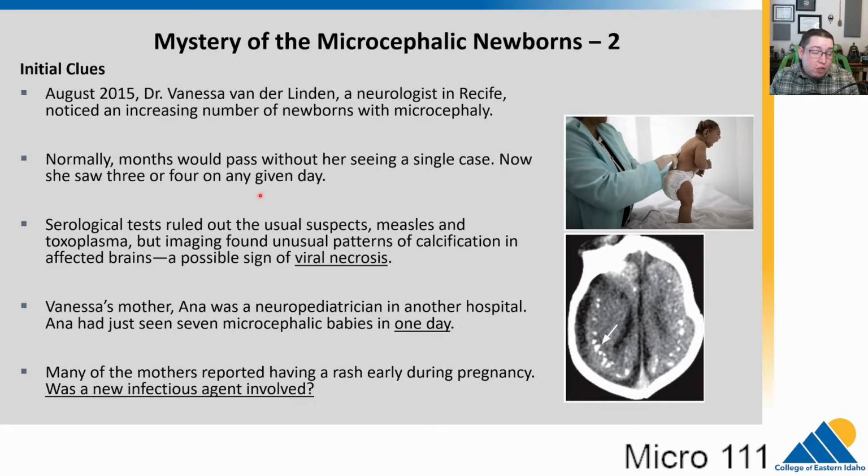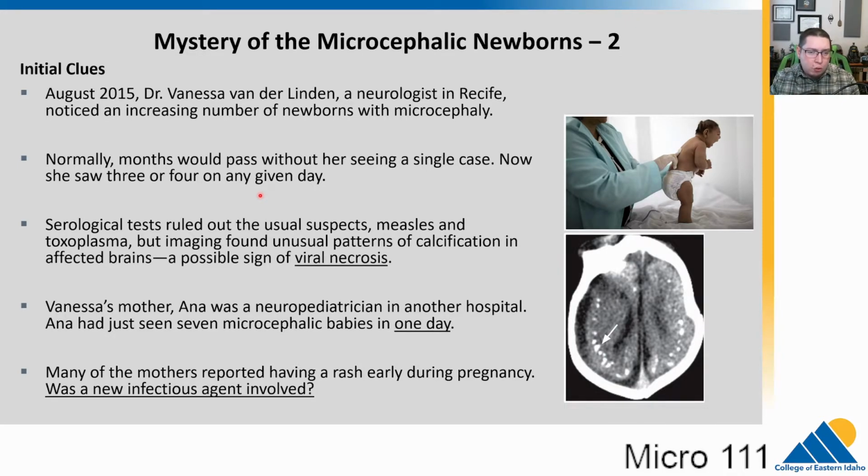Normally, she would see less than one case a month, so it would be one case every few months. Now she's got a spike in it. That doesn't mean that there's some related cause here. There are statistical fluctuations, but as the months go on, we'll continue to see these numbers staying high. So they're trying to figure out what is the cause of this.